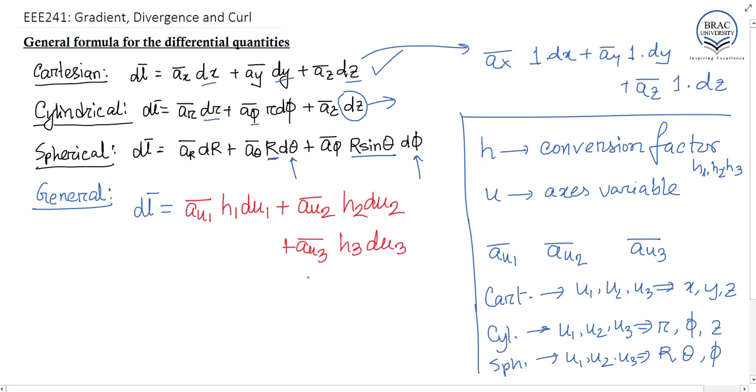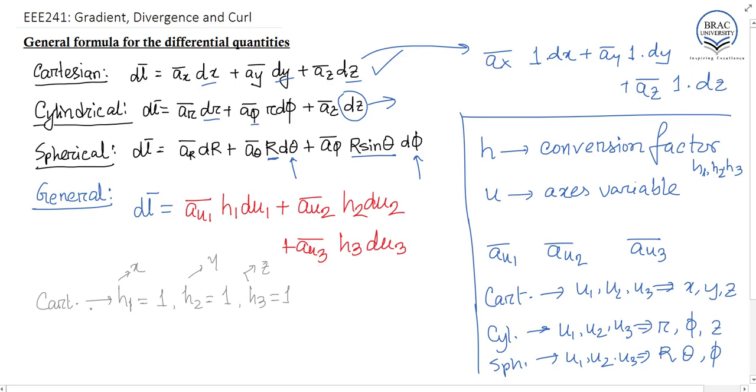Whenever we're going with the Cartesian coordinate system, h1 equals 1, h2 equals 1, and h3 equals 1. Remember again, h1, h2, h3 are the three conversion factors used for dx, dy, and dz.